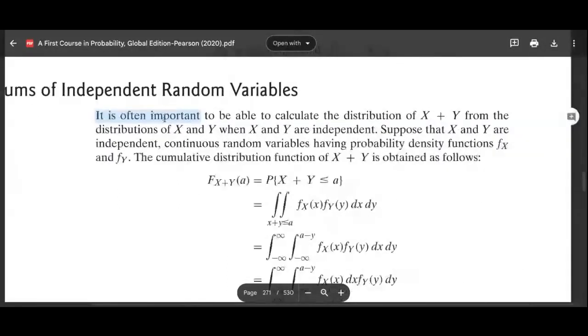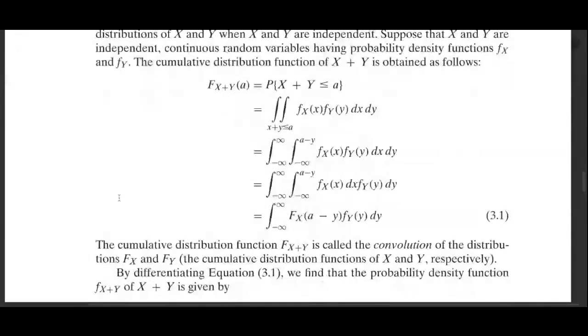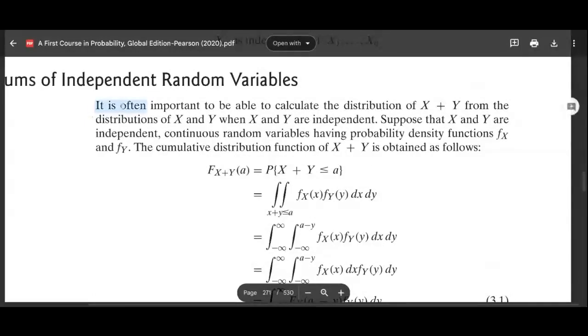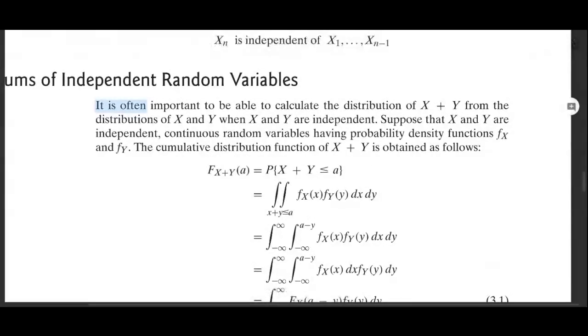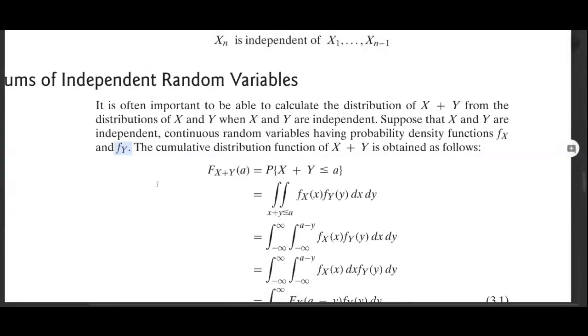Okay, let's read. It's often important to be able to calculate the distribution of X plus Y from the distribution of X and Y, when X and Y are independent. So suppose that X and Y are independent continuous random variables having probability density functions, we use f_X and f_Y to represent each distribution function.